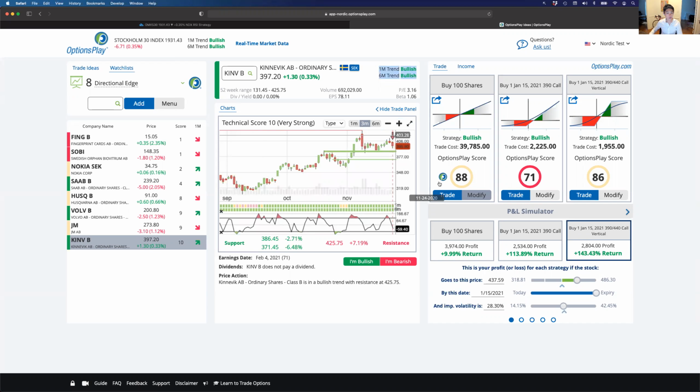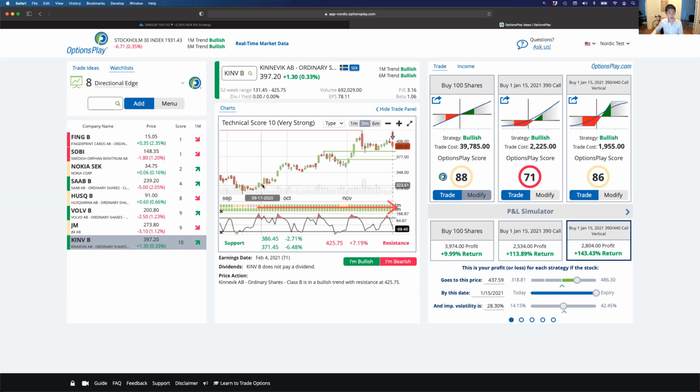The 1-month trend is still bullish. The one thing I will say is that it's been in this bullish trend for a long time. So it's important to understand that you are a bit late to this game. And if you want to continue to push this, you need to be aware of that. And that sometimes can factor into your ability to decide whether this is still a good opportunity for you or not.